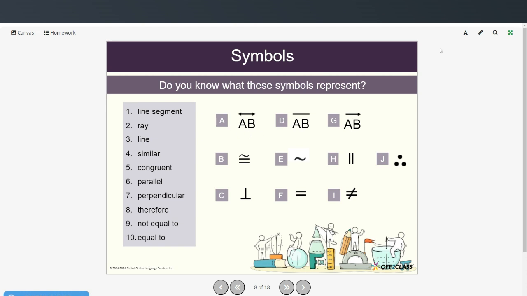Okay, so here AB is a line, so that's number 3.